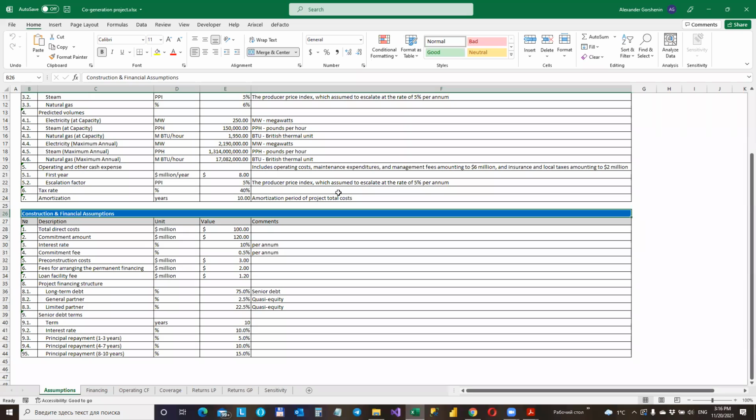So the total project cost of the cogeneration project is given at a 2 year construction drawdown schedule, an interest rate of 10%, interest is paid on funds that are drawn down, and a commitment fee is charged on the unused balance of the commitment. It's very interesting how this works.